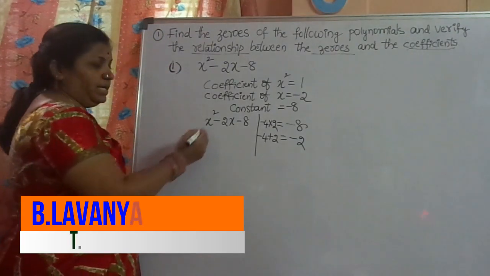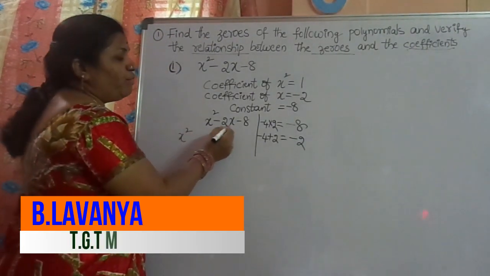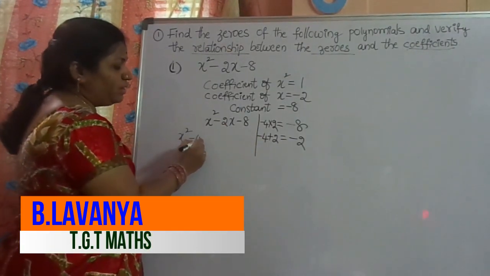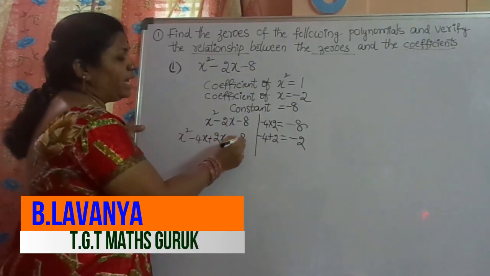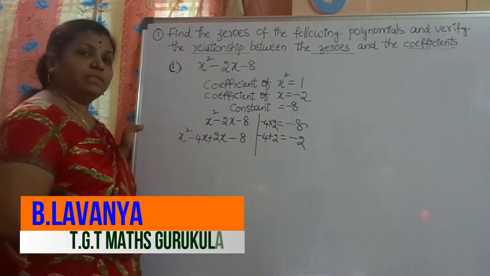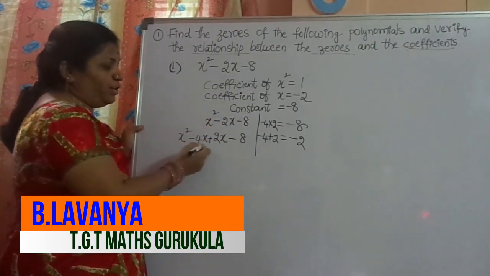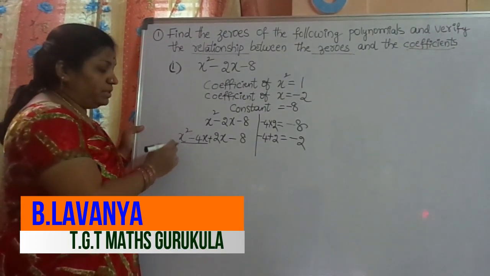Now factorize the given polynomial x square. In the place of minus 2x, I am writing minus 4x plus 2x, and the last constant term I write as it is. Now the polynomial is divided into 4 terms. In the first 2 terms write the common term.